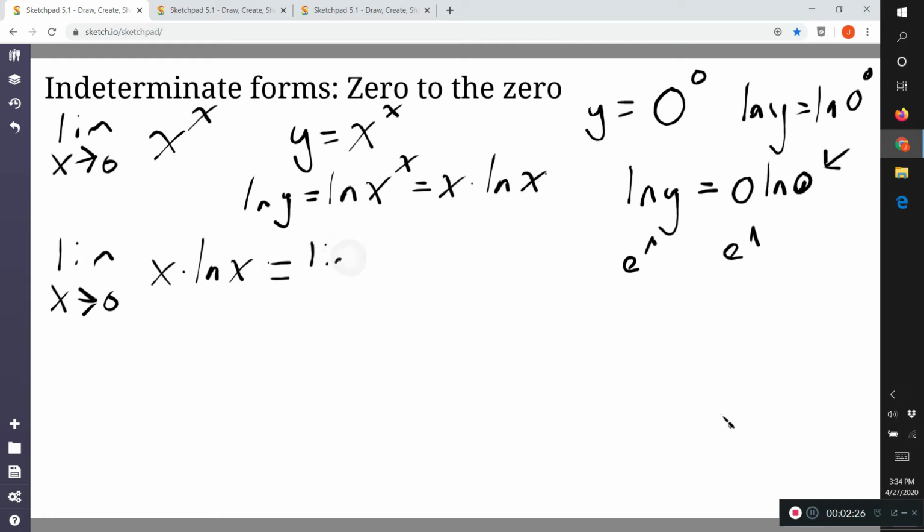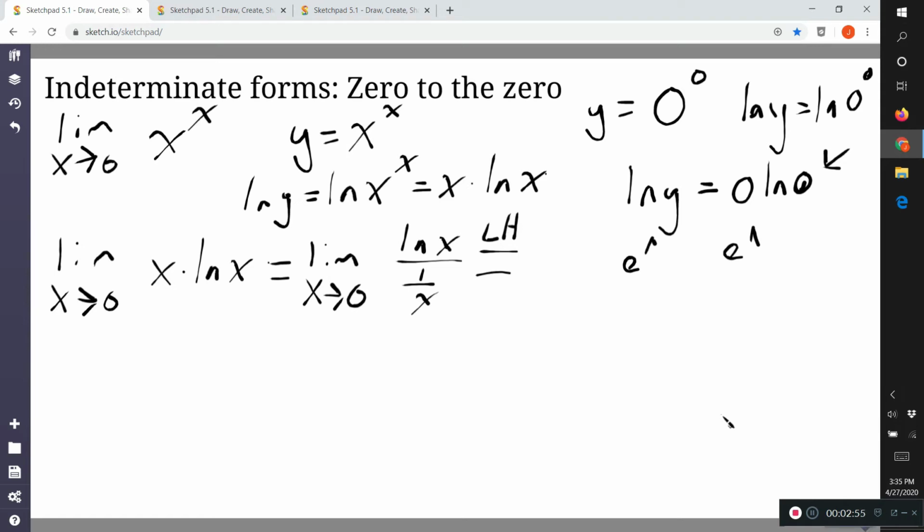When we have that situation, we simply rewrite it as a fraction, ln x over 1 over x. Now we would get negative infinity over a negative or positive infinity depending on how we approached it. If we're approaching it from the right, it would be positive infinity, but that's not necessarily the problem here. So because we have an infinity over infinity, now we can apply L'Hopital's rule.